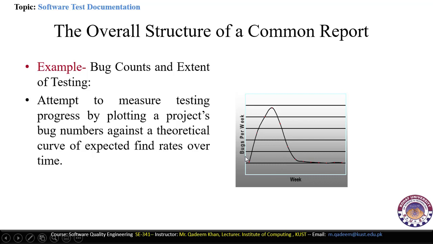There we will mention the bugs per week, meaning 20 bugs, 30 bugs, 40, and here we will mention the times at which the bugs are identified. Based on those times we identify the bugs. So this represents that the peak is here. It means that the maximum bugs are identified in this particular week, while the minimum bugs are identified in that particular week.